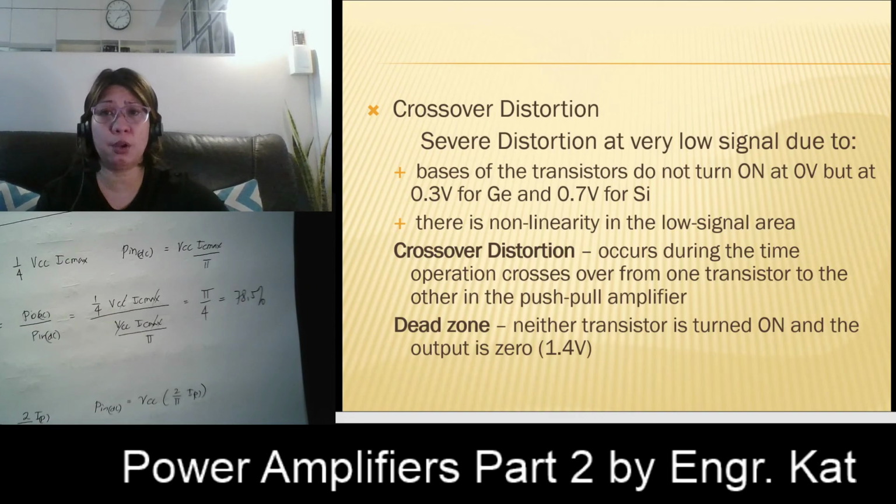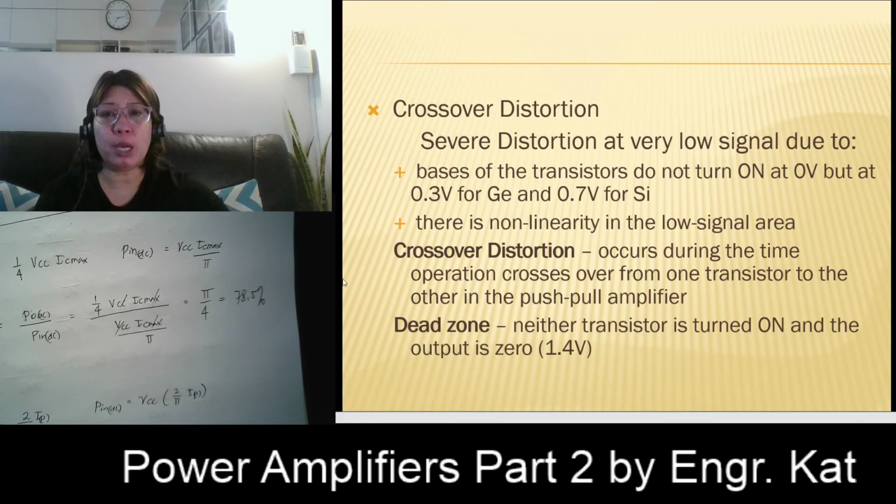So what is crossover distortion? This is a severe distortion at a very low signal due to two things. We have here the bases of the transistors. We know that whether you are using silicon or germanium, your transistor is not turned on unless it reaches a voltage of 0.7 or 0.3 for silicon or germanium transistors respectively.